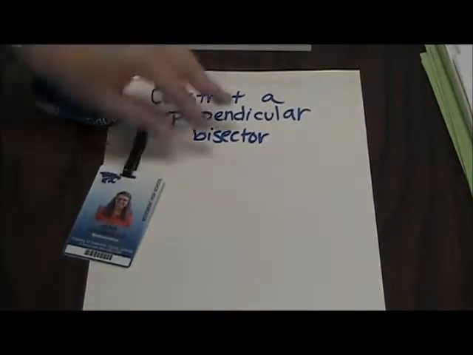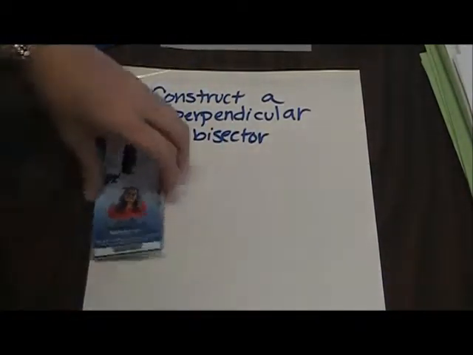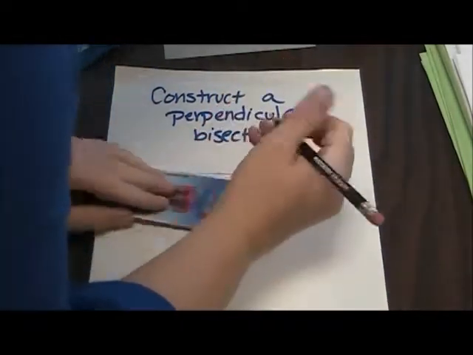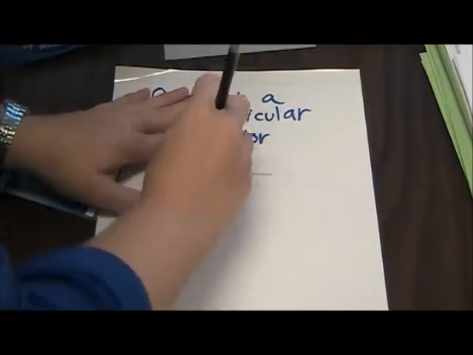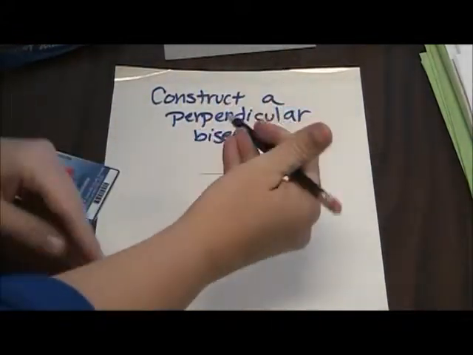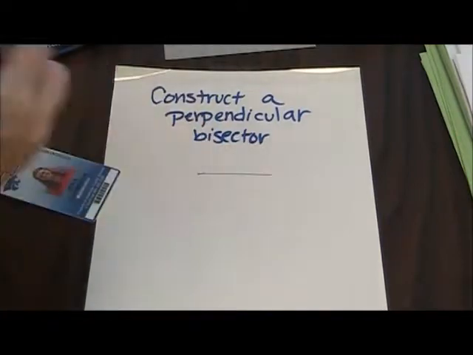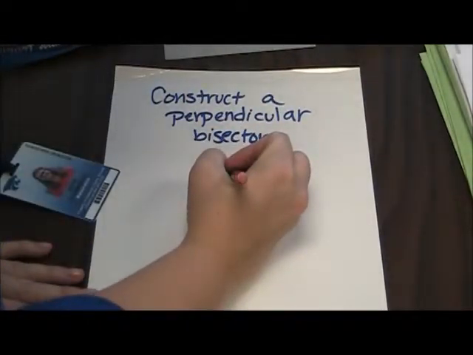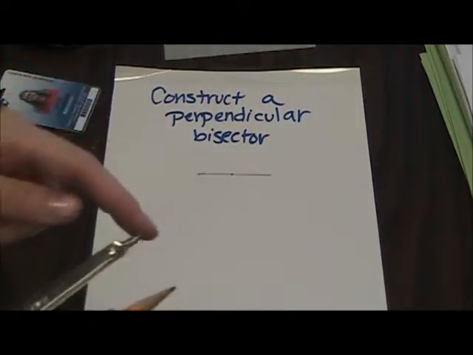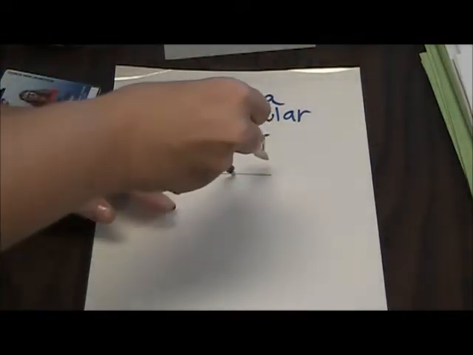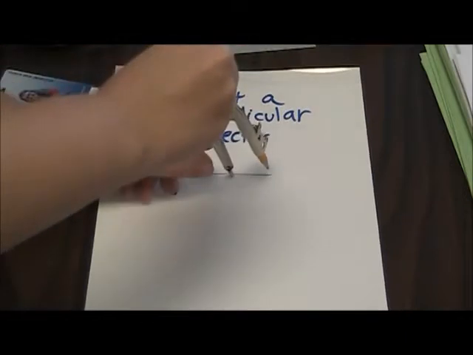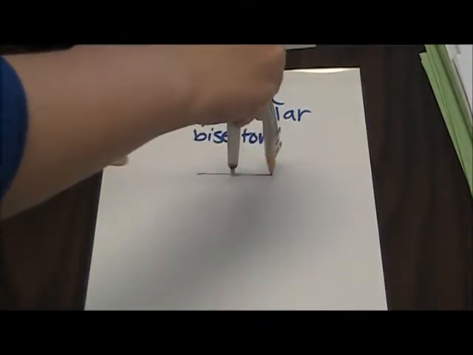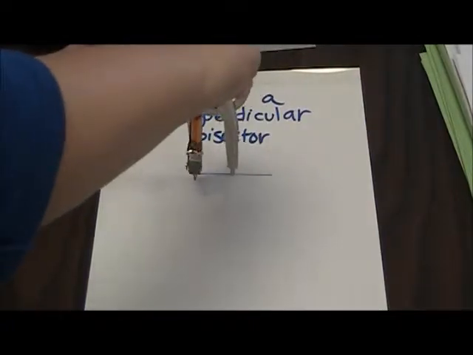Now, if I just had a segment on a sheet of paper that I needed to create the bisector for, okay, first I would pick a point, P, and I would place the metal tip on that point, and I would choose a length, whatever length you'd like, and I make a mark to the right and to the left.